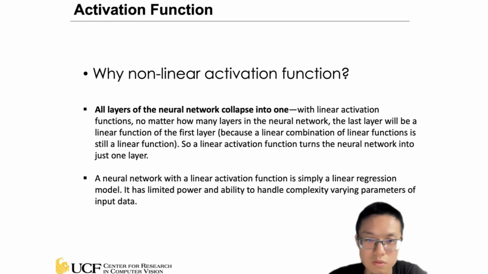So there's not much complexity you can introduce to this mapping function because everything is linear. And as I mentioned, this kind of linear activation function has limited capability. It doesn't have enough power or modeling complexity to model these kinds of complicated input data.